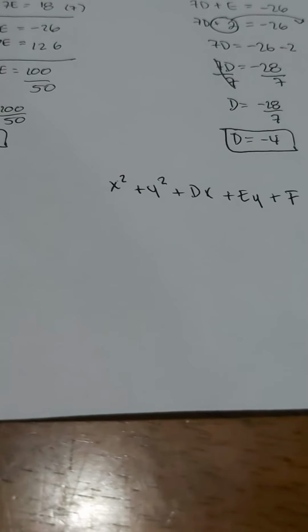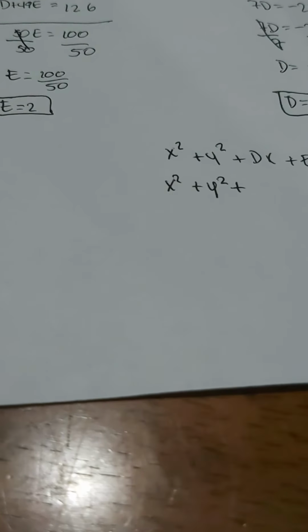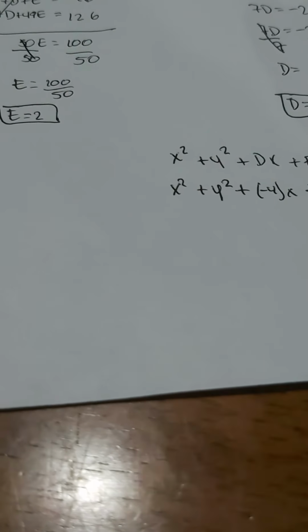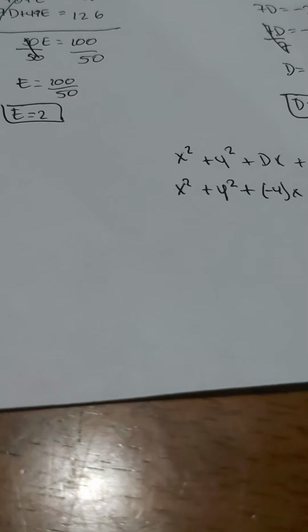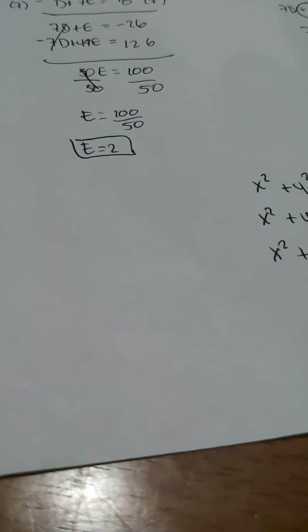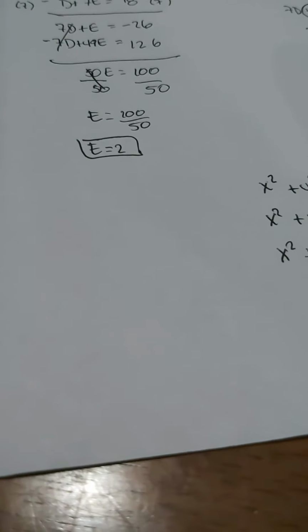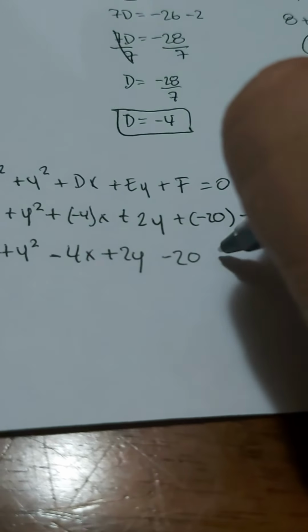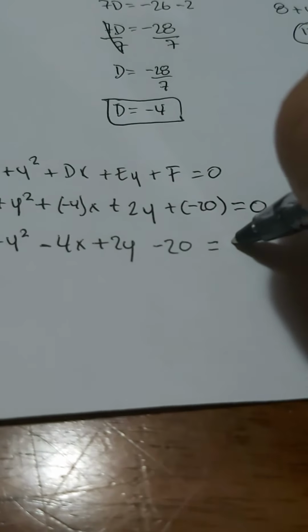We're going to substitute the values of E, D, and F. X squared plus y squared plus D, negative 4x, plus E, 2y, plus F, negative 20 equals 0. We simplify this: x squared plus y squared minus 4x plus 2y minus 20 equals 0.